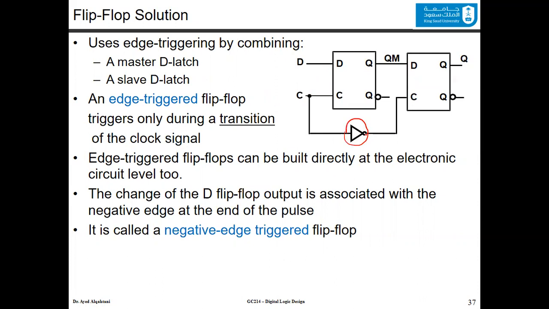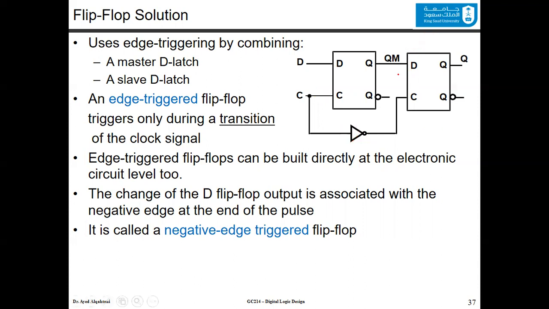If the inverter is going to the second flip-flop, then this is a negative edge trigger clock. If this inversion is here instead, meaning that the second latch is passing the clock signal directly, then it will be a positive edge triggered flip-flop.